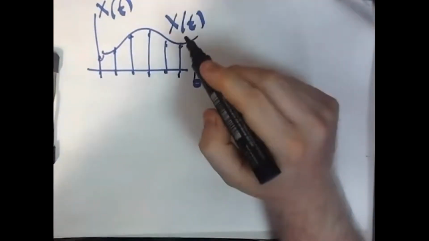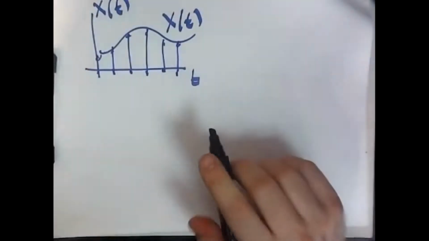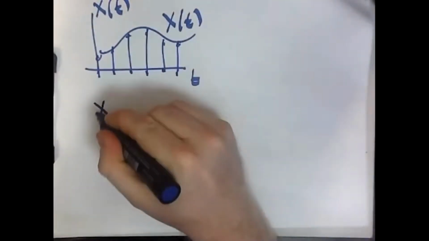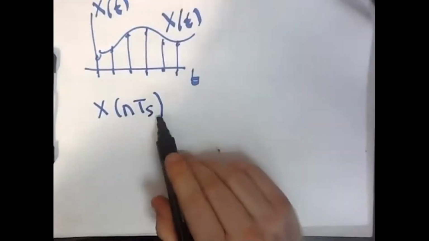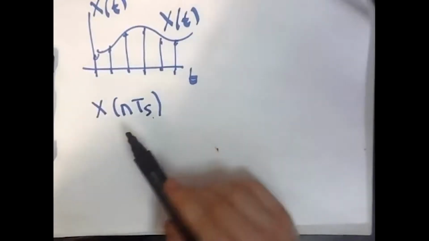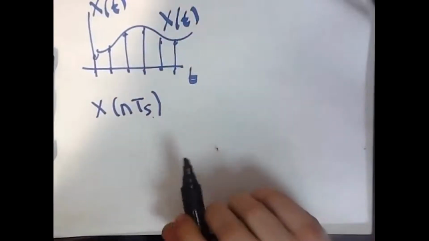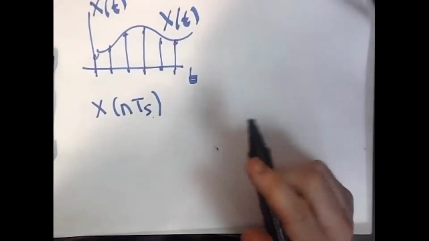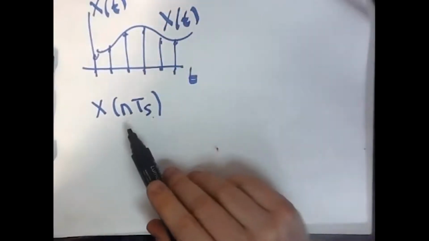And the output of the sampling process, we call it x of nTs, where Ts is the sampling time, I mean the time between each two successive samples, and n is just an integer starting from zero reaching whatever n is. So this is simply the analog or continuous version and the discrete version in the time domain.